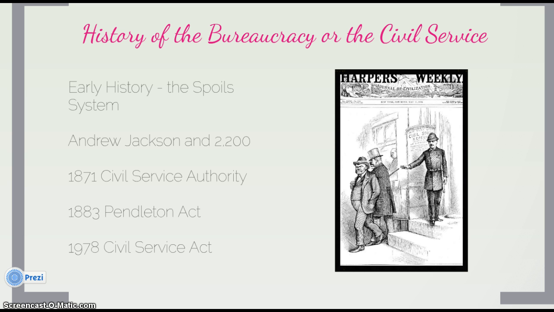So these were important positions, but it didn't always mean that the best person got the job. It didn't mean that people were going to be efficient workers or that they were experts in their fields. So that was one of the issues with the spoils system. Now, Thomas Jefferson was the first president to use the spoils system when he replaced many of George Washington's Federalist bureaucrats. Remember, Thomas Jefferson was from a different party.